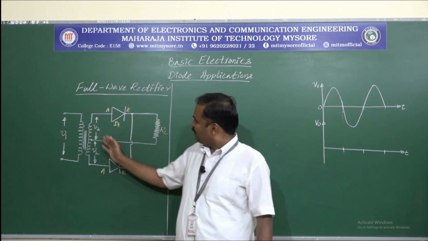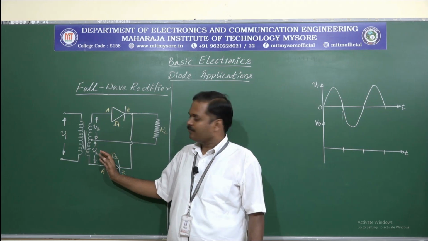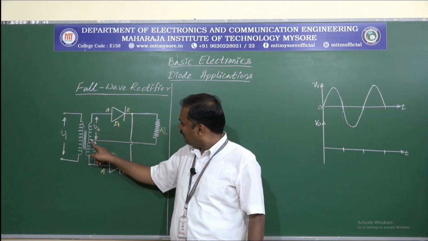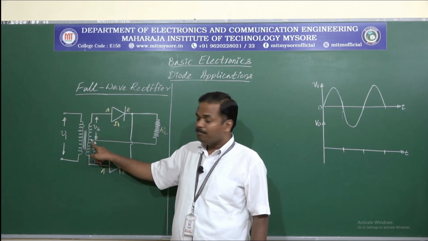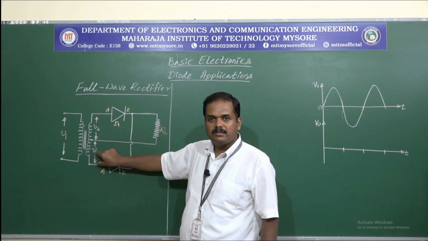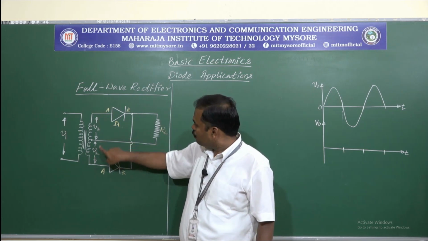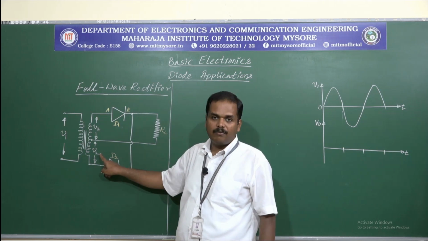So here we can see the transformer we have used is of the center tapped type. On the secondary coil, we can see there is a tap at the center of the coil. Because of this arrangement, we will be getting two secondary voltages. So in the circuit two secondary voltages are shown, V2, the upper V2 and the lower V2.